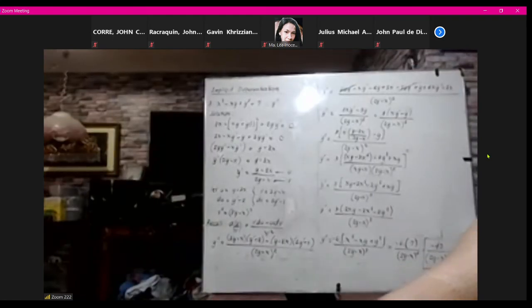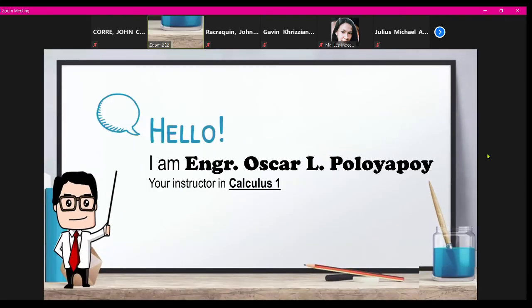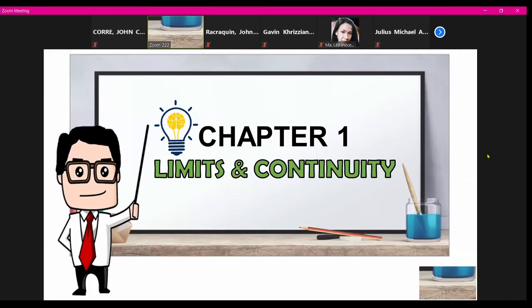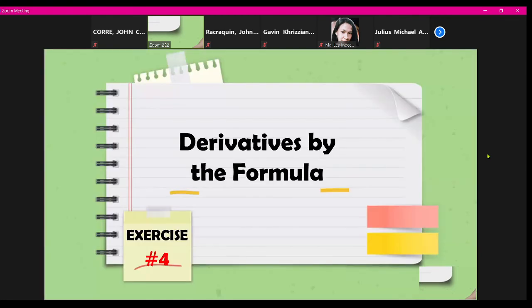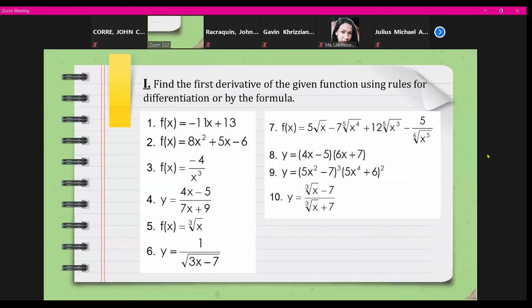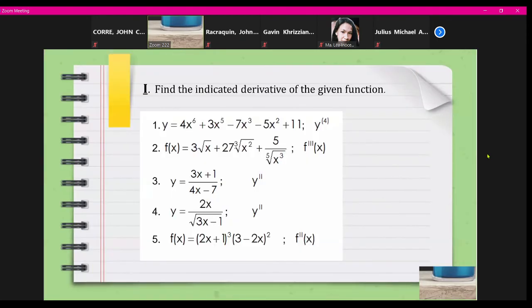So this one, guys, after this, tingnan natin yung nakalagay sa share screen natin. Okay, so tapos ng higher derivatives, tapos na tayo sa implicit differentiation.